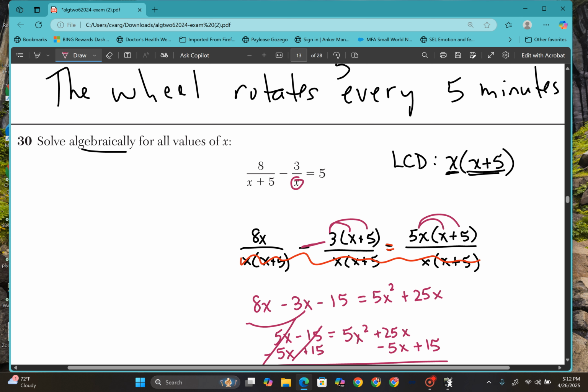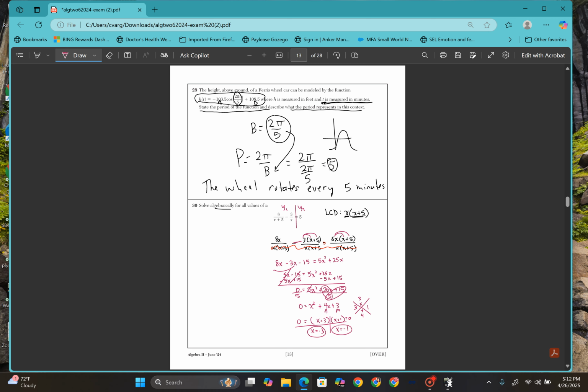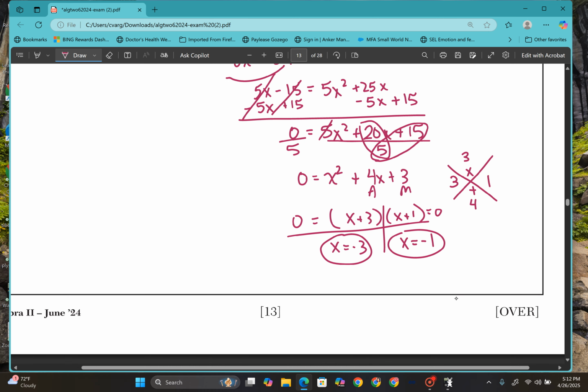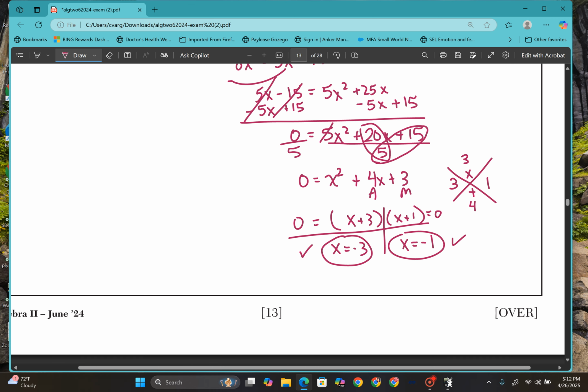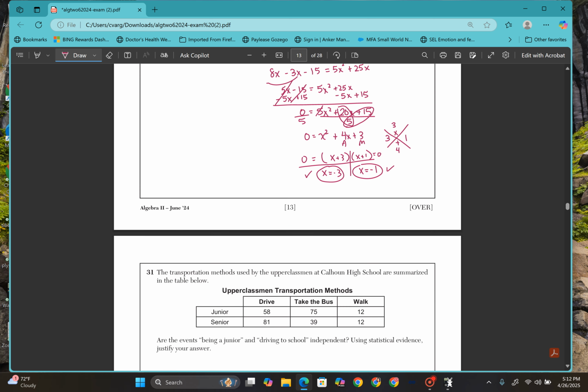If I plug it in here, that's still okay. And if I plug in negative 1, plus 5 is 4, and negative 1 is here. So both of them work. And I can check that with the calculator as well if I plug this into y1 and this into y2. But for this question, both solutions work, so there are no extraneous solutions, so I'm good.